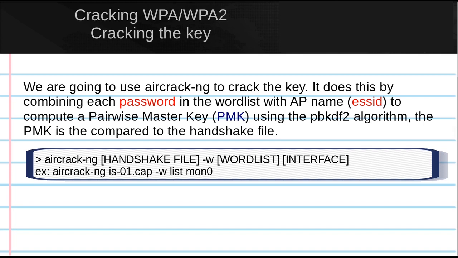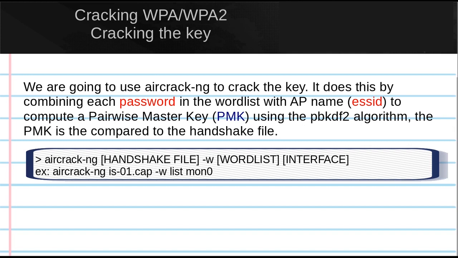If the PMK was valid, then the password that was used to create the PMK is the password we're looking for. If it's not, it just went to the next password and created a PMK from it. So Aircrack-ng was creating the PMKs on the fly. The process of combining the password and the ESSID to create the PMK takes a good bit of time, so it takes the most time of the cracking process.